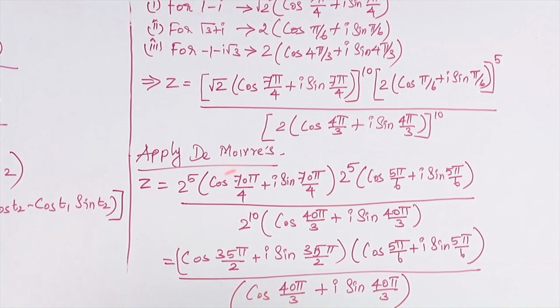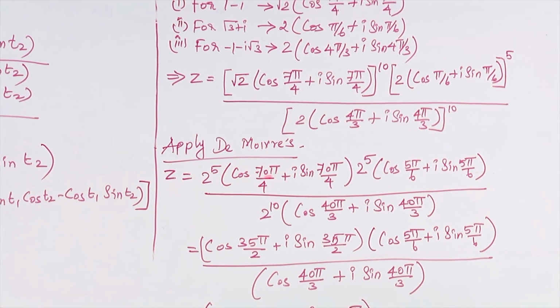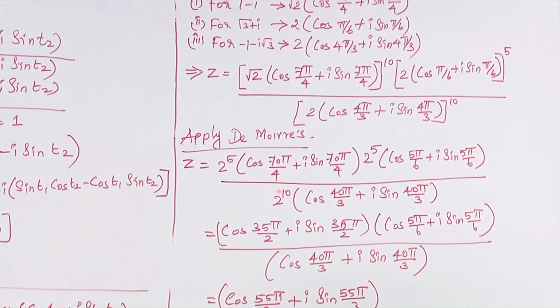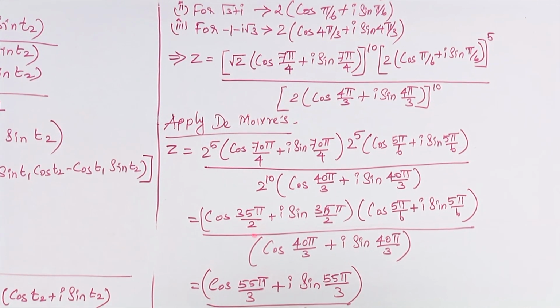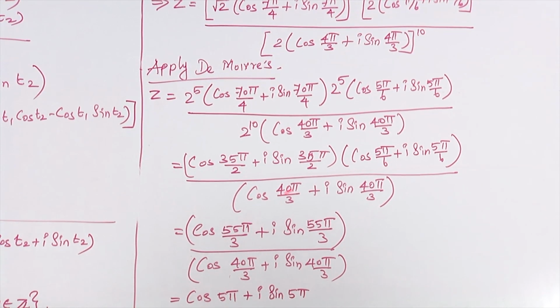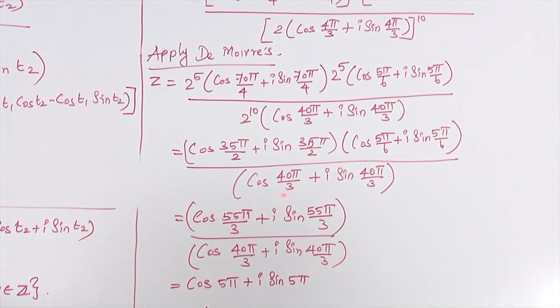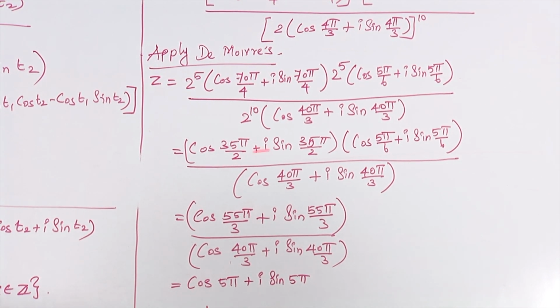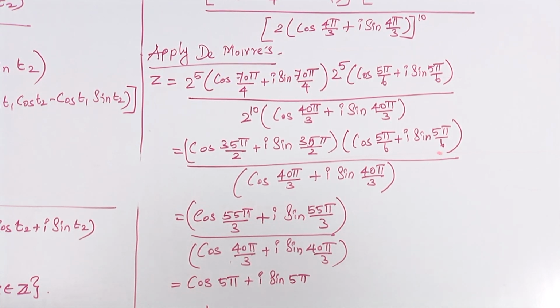On simplification, we cancel and so on. 70 by 4 can be simplified to 35 by 2, and here no further simplification, and here too no further simplification. Now this is multiplication of two terms, we remember, right. So what do I do with the multiplication?